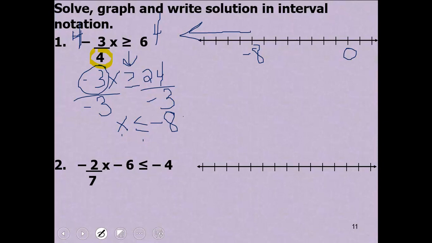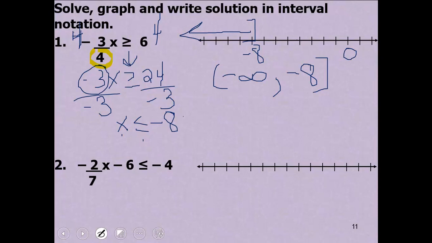And because of the equals part of this, I have to use a bracket at negative 8. Therefore, my solution in interval notation, whenever I have an arrow going off forever in the left, that's negative infinity to negative 8 bracket.